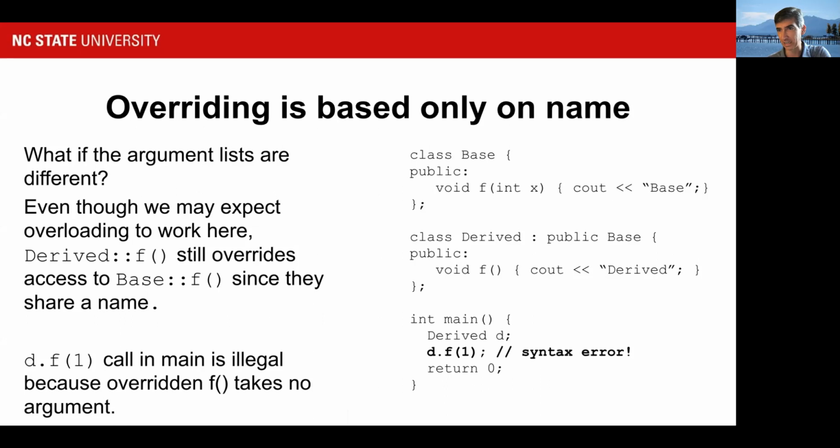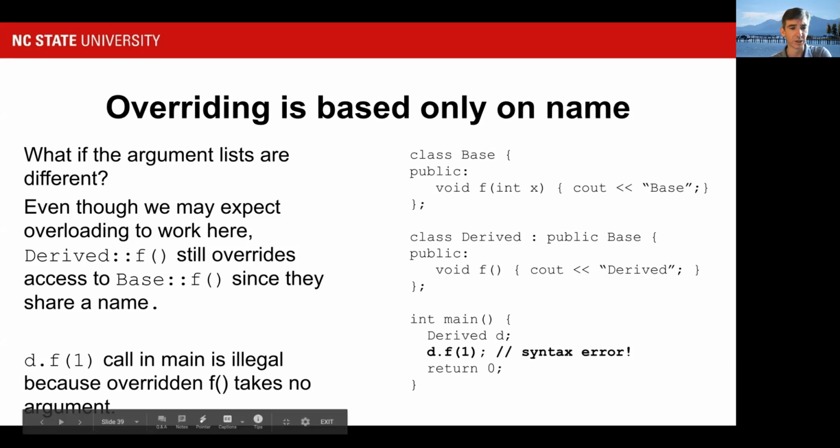This kind of defies maybe our gut feeling about function overloading in C++ and how it should work. But nonetheless, overriding was designed to be very strict, and it's purely based on the name of the function. It ignores the arguments to the functions. So just the mere presence of a function named f in the derived class blocks all the functions in the base class by the same name.